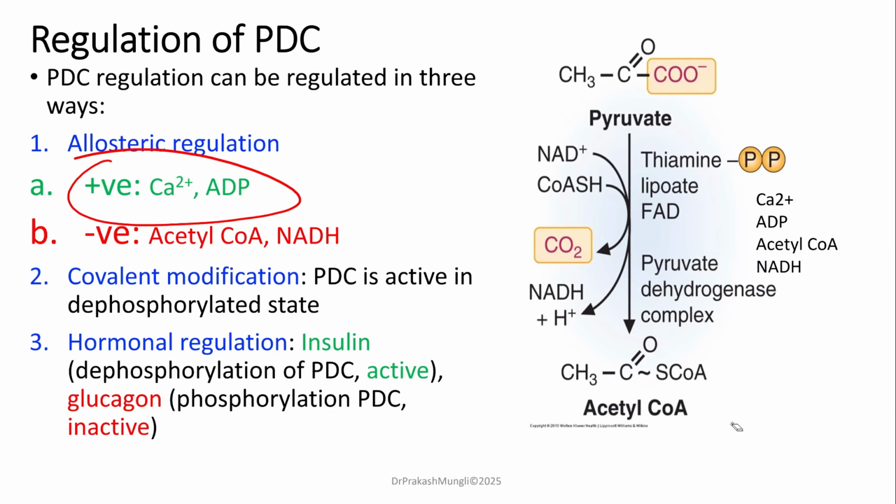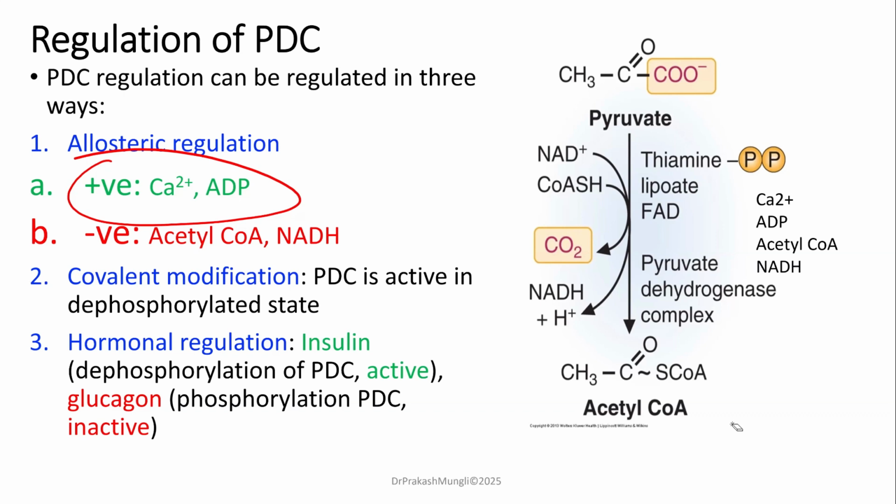So more ADP means your pyruvate oxidation into acetyl-CoA and later acetyl-CoA into carbon dioxide increases. That's it. Because the cell needs energy. More ADP means less ATP. You run the cycle faster, metabolism increases, and that is a positive modulation.